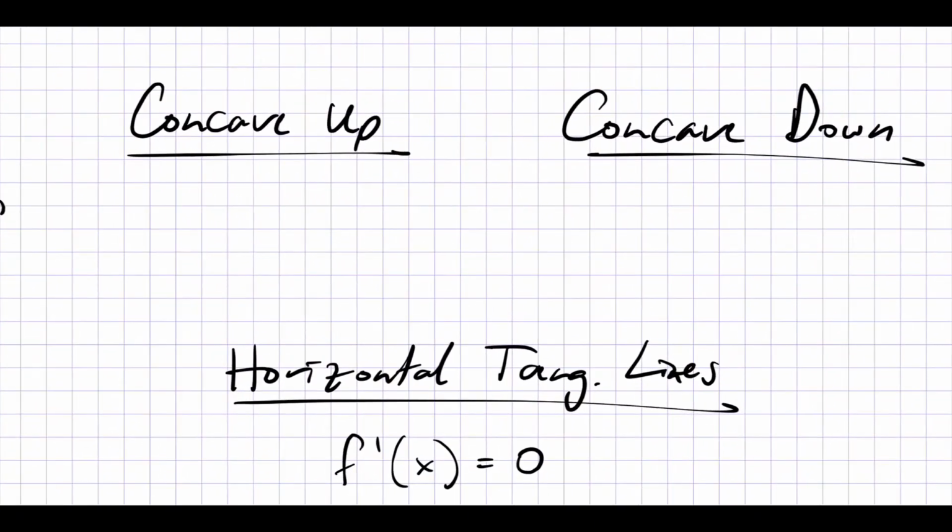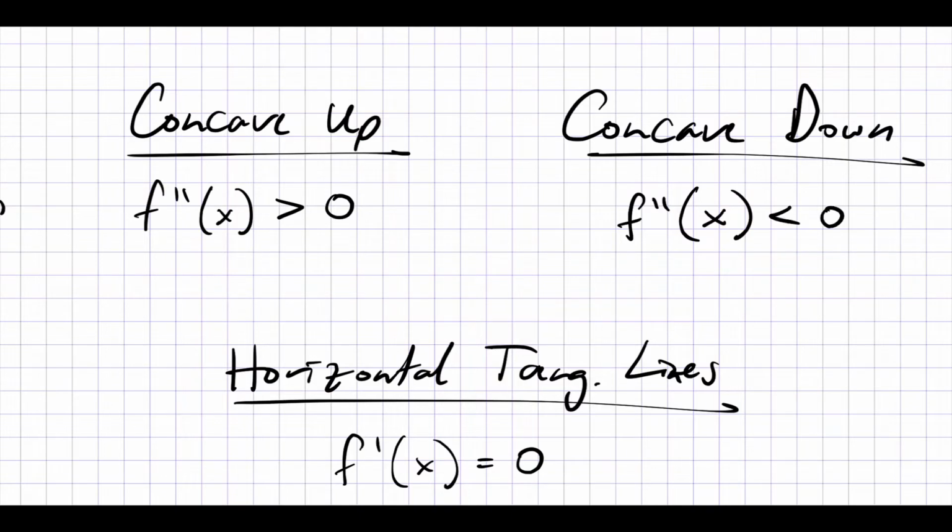How do we know when it's concave up? How do we know when something is concave up? Yeah, you ready? There you go. Now we're talking second derivative is positive. Good. Concave down? There you go. Second derivative is negative. Good.